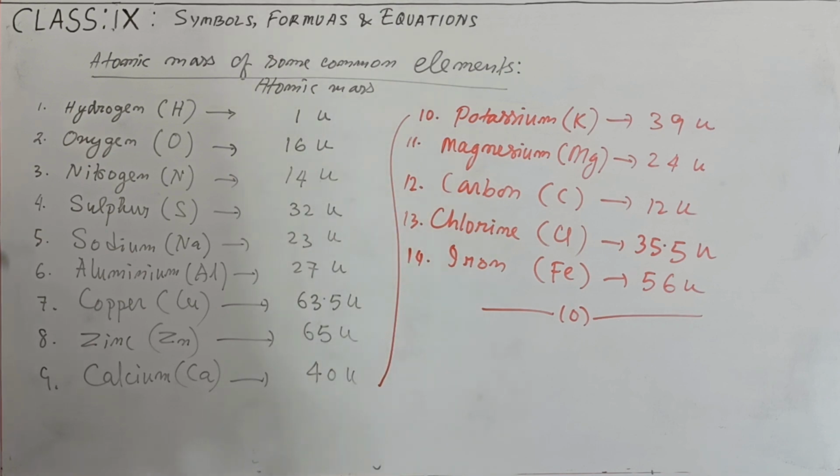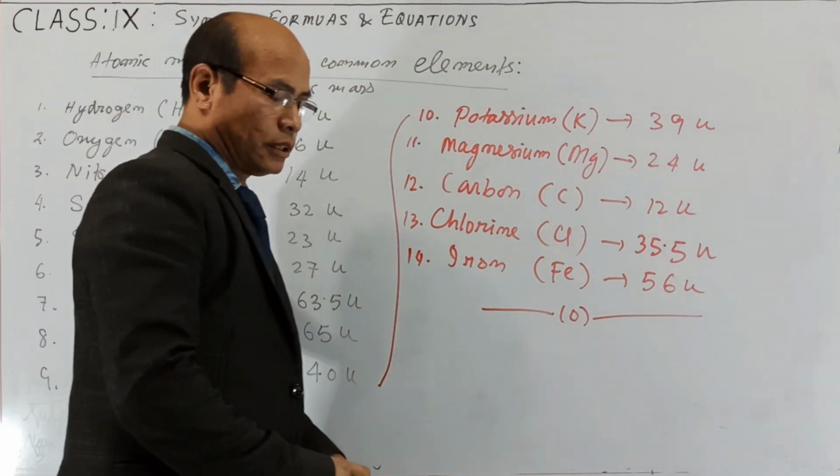So you make a very nice table for these 14 elements and get it by heart as soon as possible.